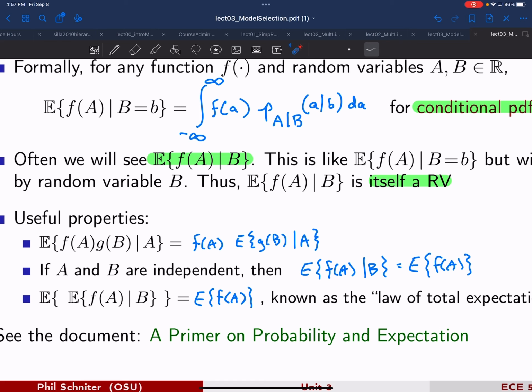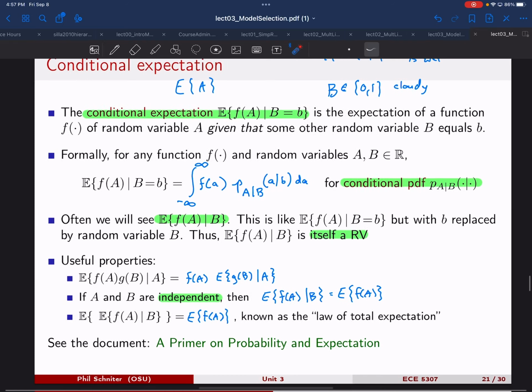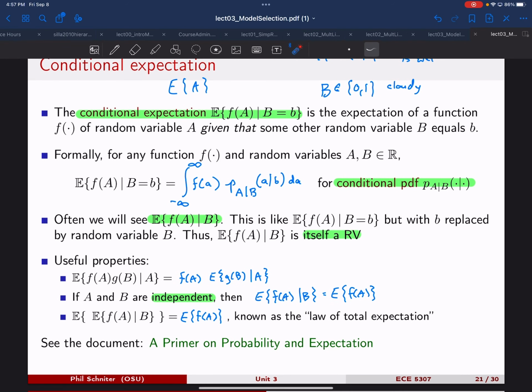In the first one, the key point is that it only happens that way when they're independent. In the second case, they do not need to be independent. This always happens. Okay, good.